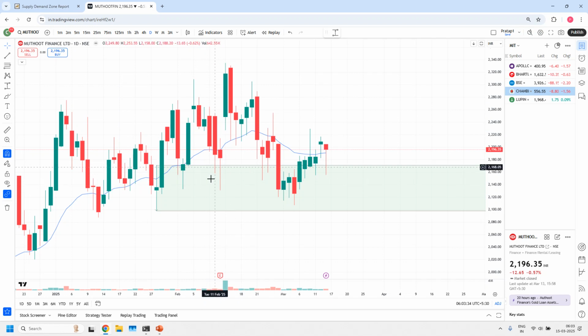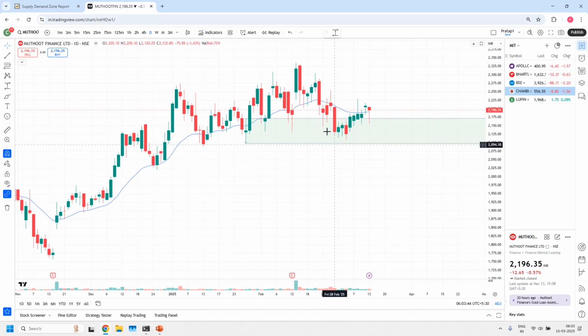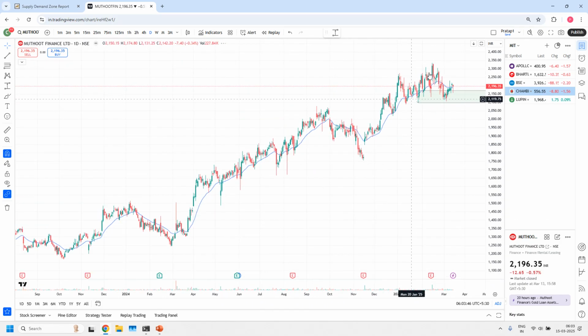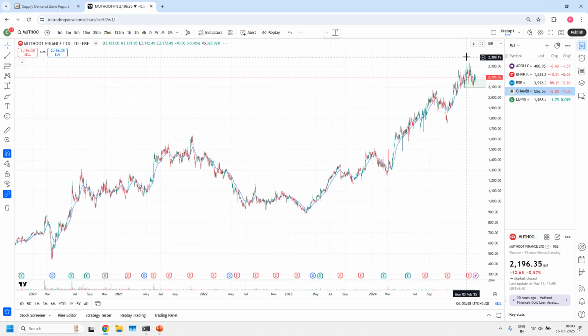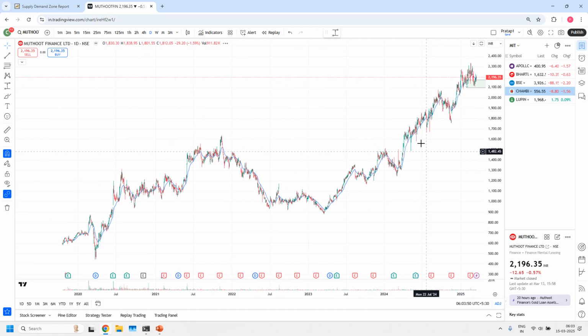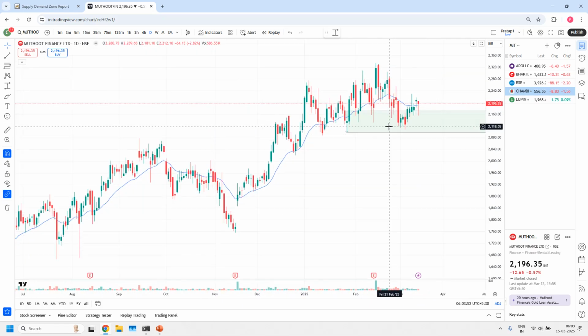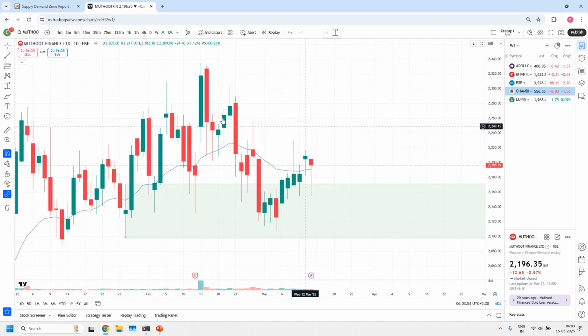A lot of LOTL zones are created. Okay, fine. This is the demand zone. This is the all-time high demand zone. It doesn't have any supply zones. See, prices are at all-time high, and no supply zones when prices are falling down.